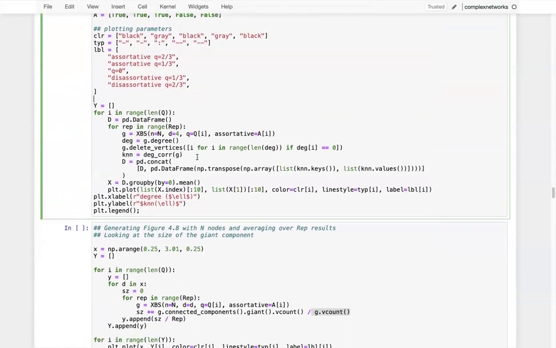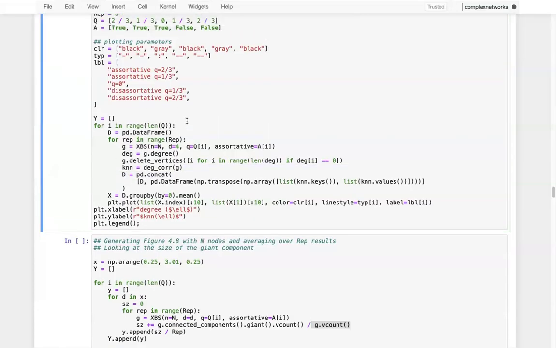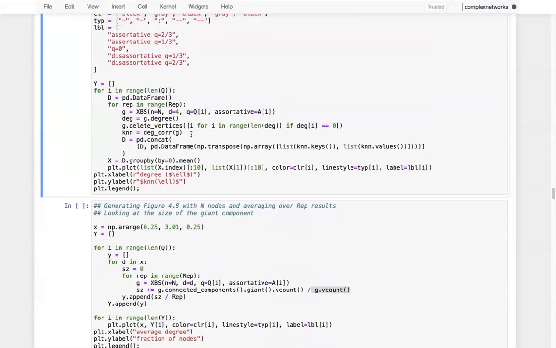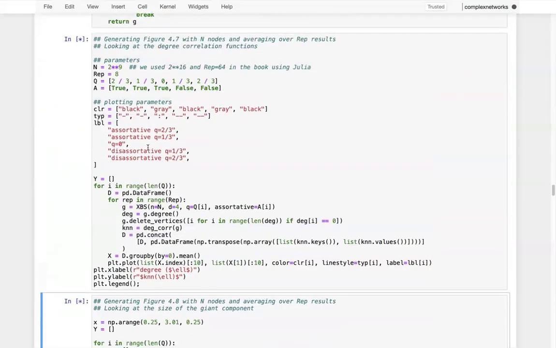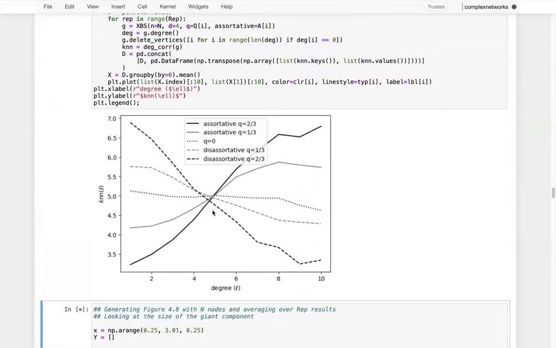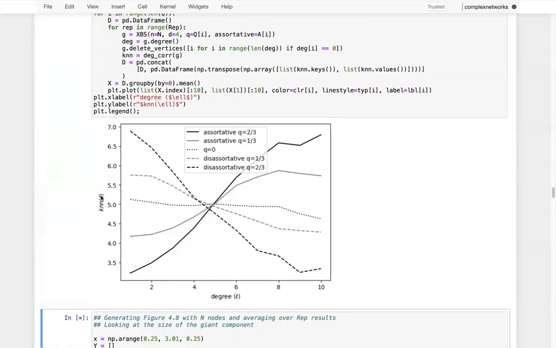So what we're doing basically is going through our parameters and doing a number of repeats, generating the graph, and computing the degree. Oh, that takes a while, so let's run this. Yeah. So here we go. We're computing the degree, and we're computing the degree correlation function.